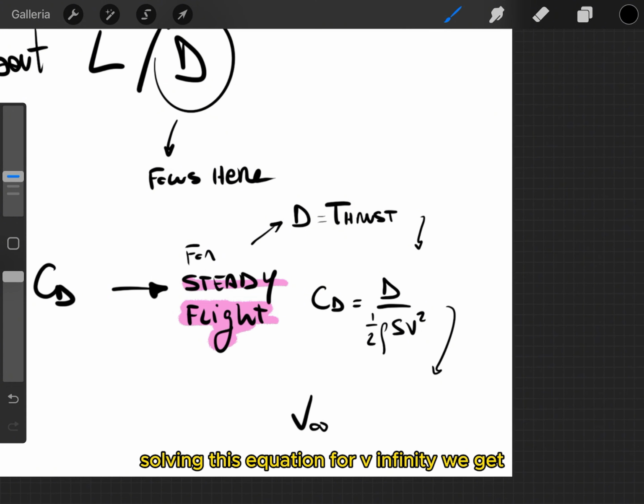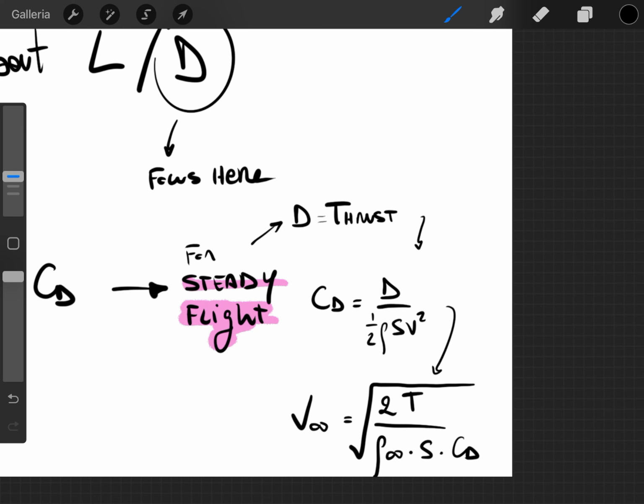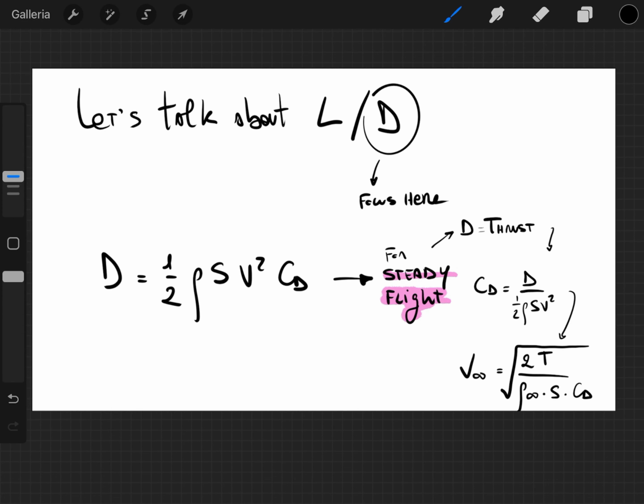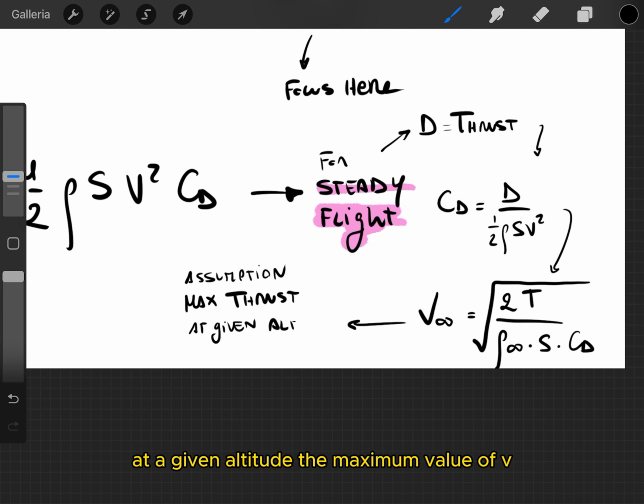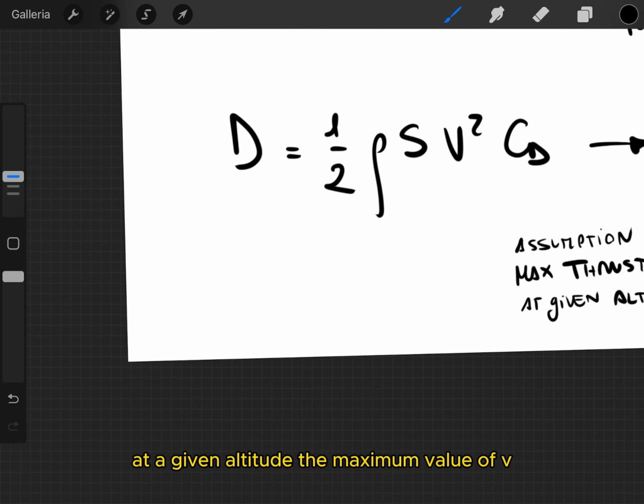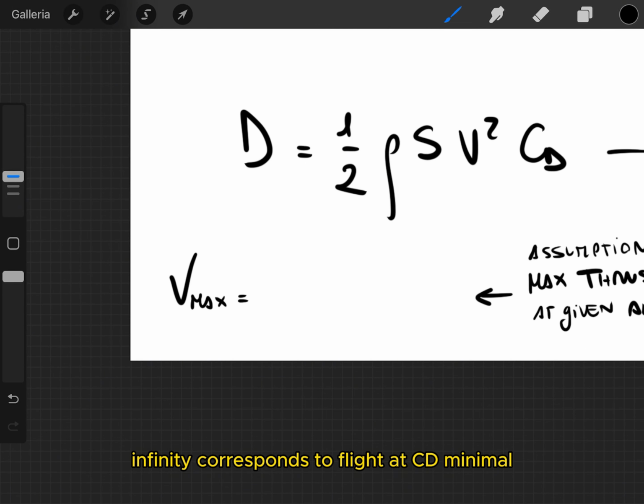Solving this equation for V infinity, we get this: for a given airplane flying at maximum thrust T max at a given altitude, the maximum value of V infinity corresponds to flight at CD min.